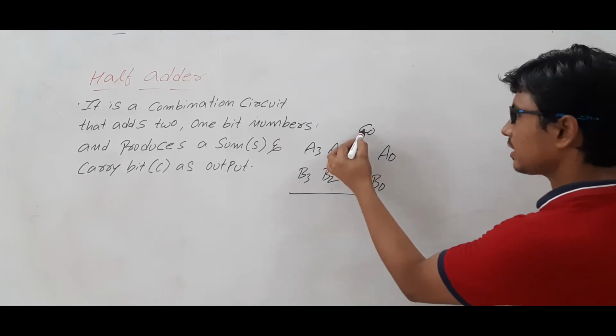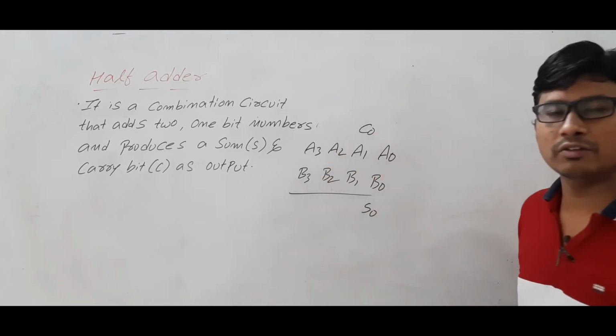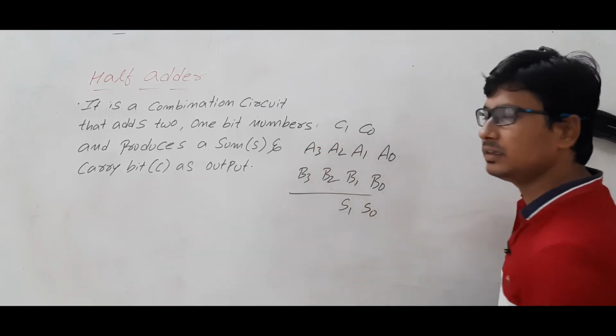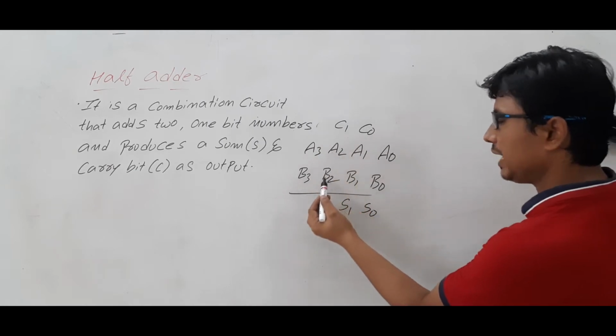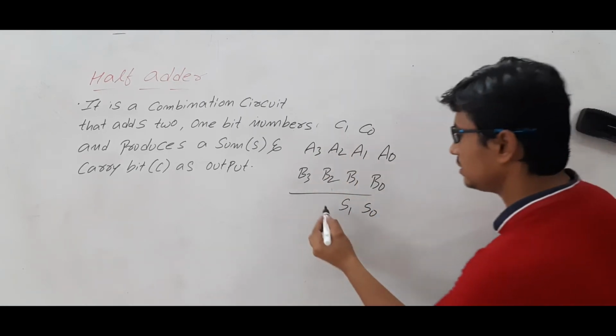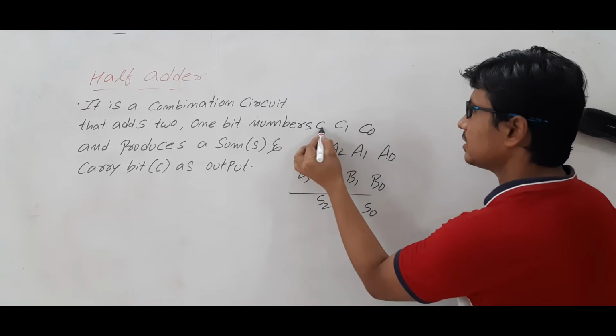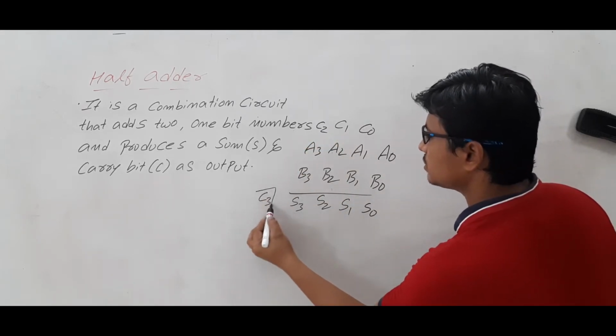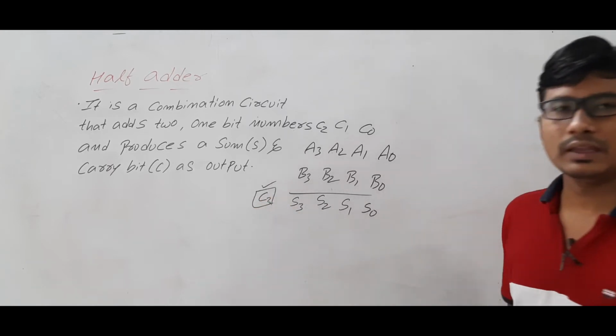Then the carry, A1 and B1 will be added. You will get the sum and the carry. This C1, A2 and B2 you will add, and you will get the sum and the carry. Finally you will get the sum and the end carry.